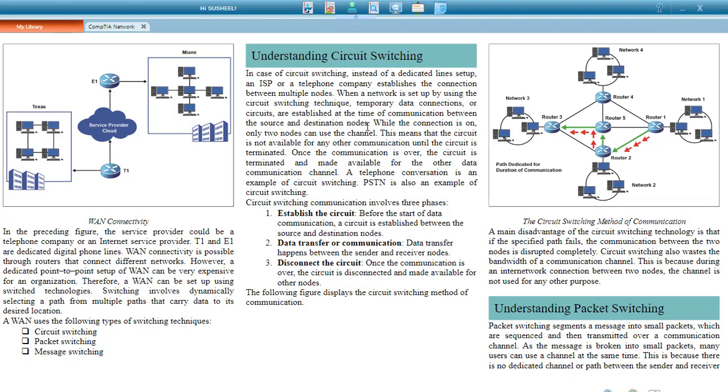Understanding circuit switching. In case of circuit switching, instead of a dedicated line setup, an ISP or a telephone company establishes the connection between multiple nodes. When a network is set up by using the circuit switching technique, temporary data connections, or circuits, are established at the time of communication between the source and destination nodes.